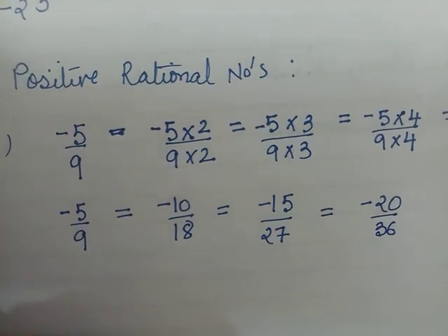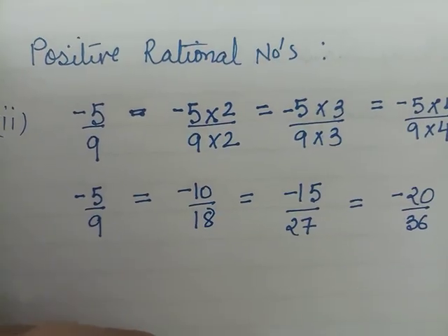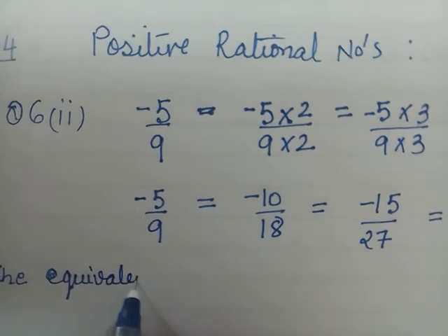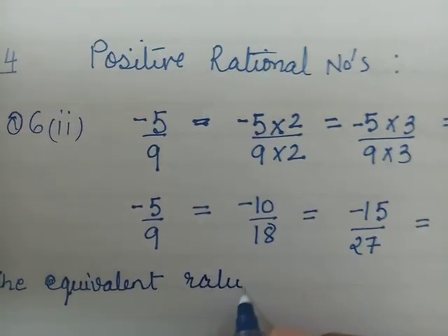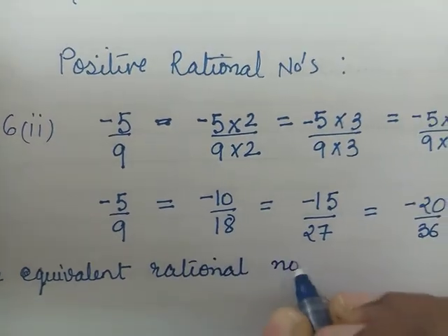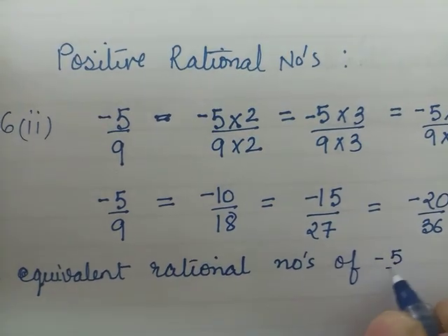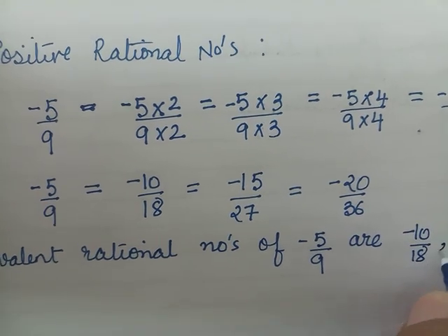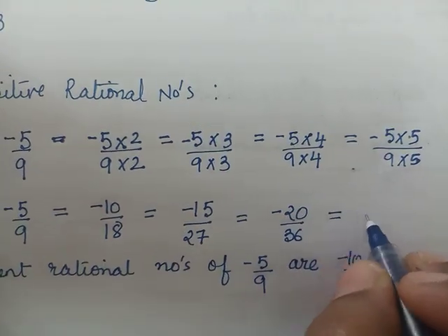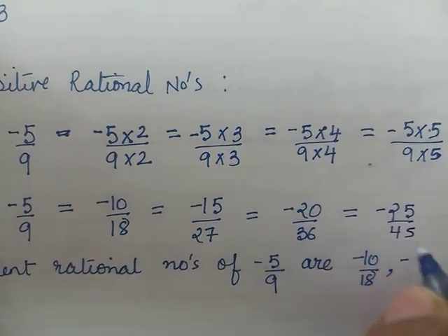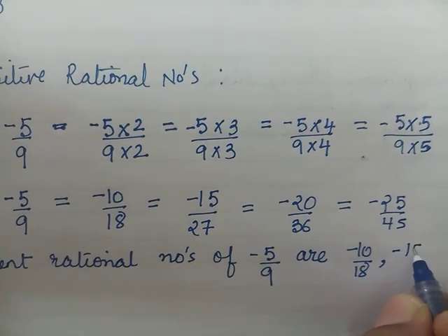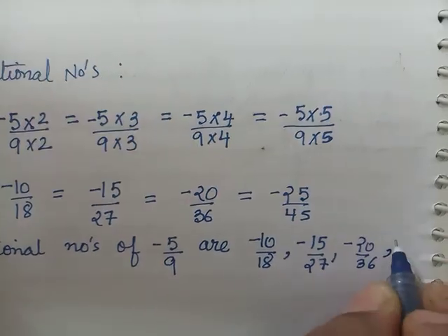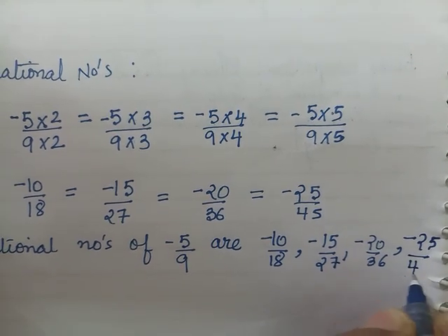Then we write in the next line, the answer line, the equivalent rational numbers of minus 5 by 9 are minus 10 by 18, minus 15 by 27, minus 20 by 36, and the last one is minus 25 upon 45.